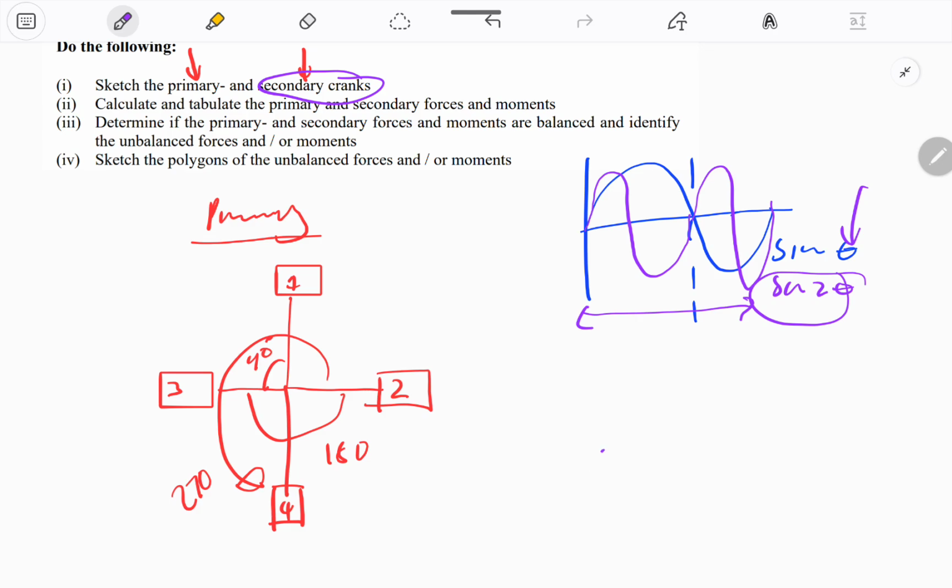Okay, let's try to draw it here. Same thing, piston 1 is there, and then 3 is supposed to be at 90, but now because it doubles, it will be at 180, right? And then 2 is supposed to be 180, now it will be a full revolution, 180 plus 180, back to where it was, right?